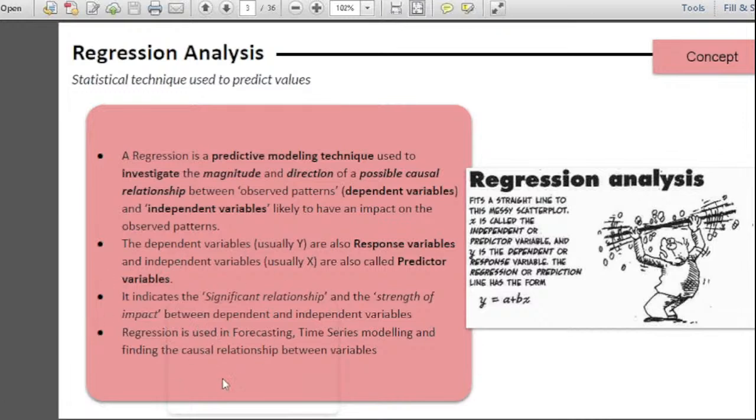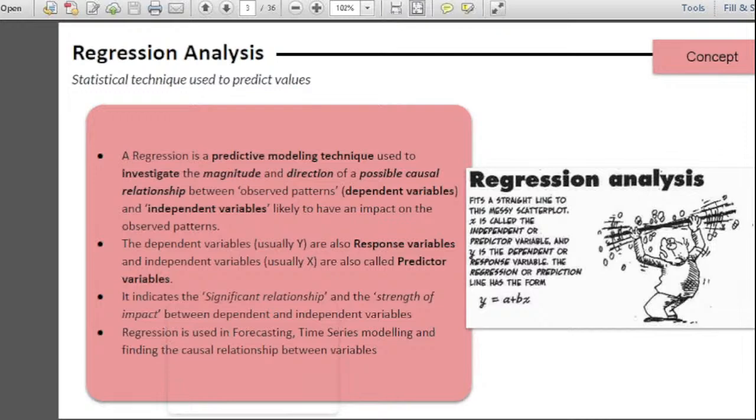Regression is used in forecasting, time series modeling, and finding causal relationships between variables. As you can see in this picture, this person is trying to fit the regression line between the scatter, and it's not an easy task.